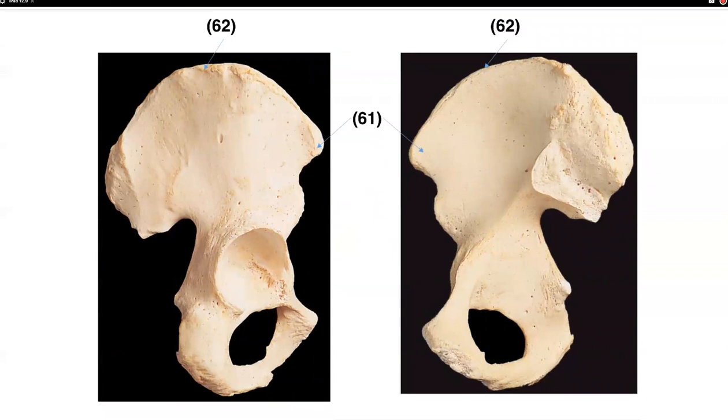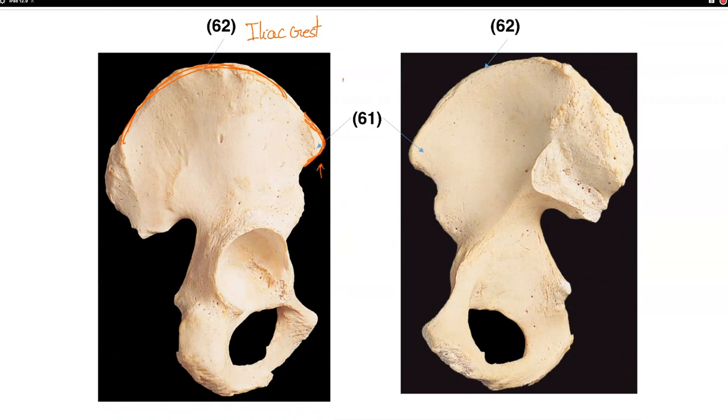Looking on here, if you remember this bony ridge that I have in the ilium, this is my iliac crest. And I have a spine which is located anterior and superior in the iliac bone.